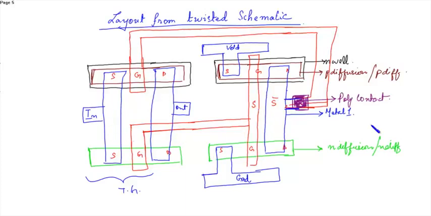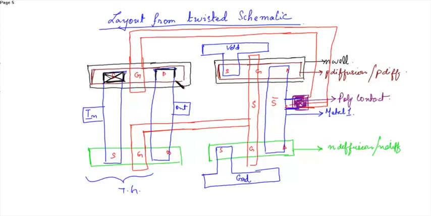Now the only thing left is the contacts: the P diffusion, the N diffusion contacts and the substrate contacts. So here there's a connection between the P diffusion layer and the metal layer. So you have to place the P diffusion contact.